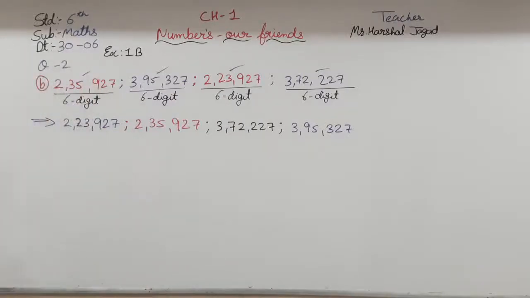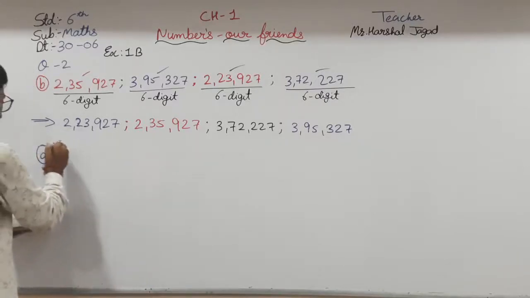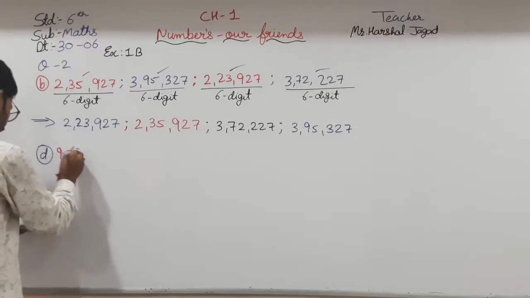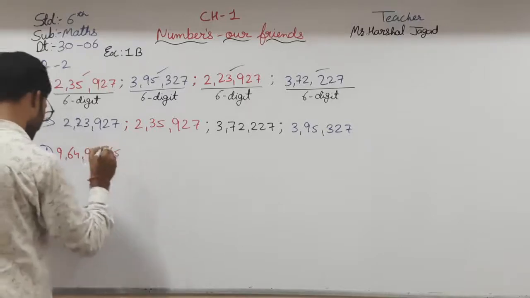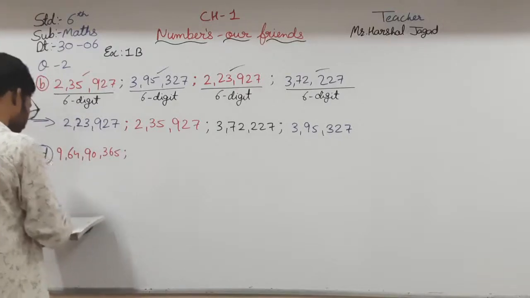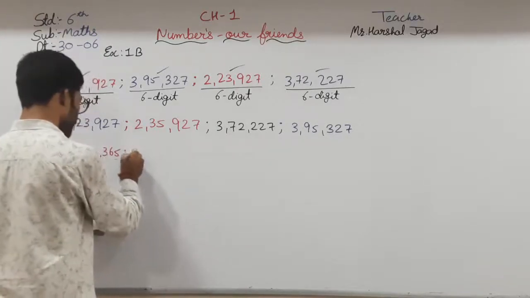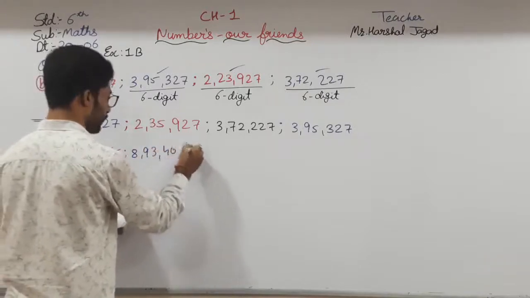Until I am writing the second question that we will do, that is d. So here d, the question is: first it will be 9 6 4 9 0 3 6 5. Okay, then another one, that is 8 3 8 9 3 4 0 2 9 4.